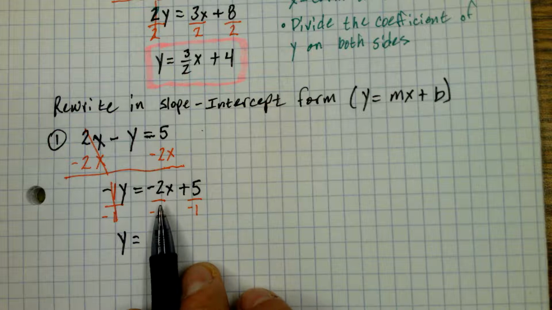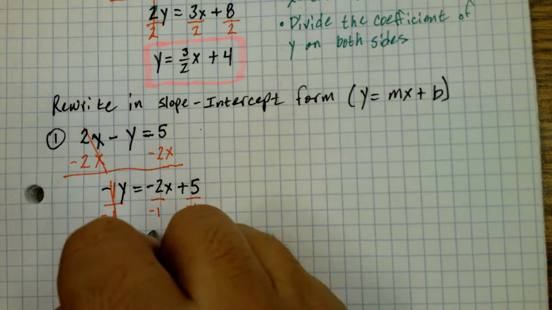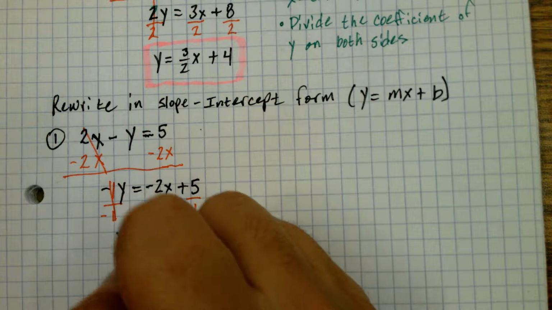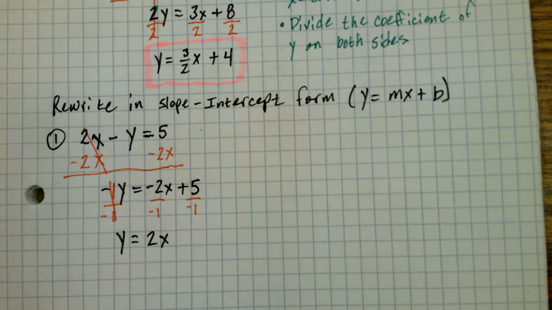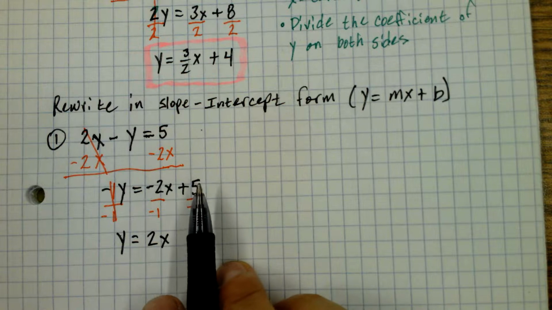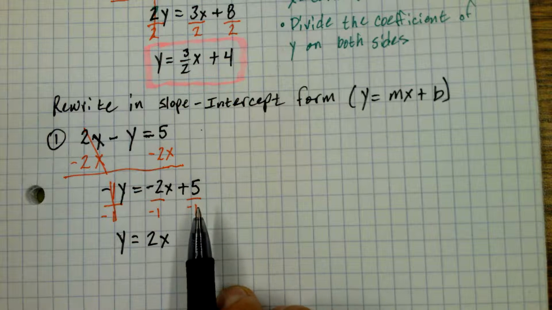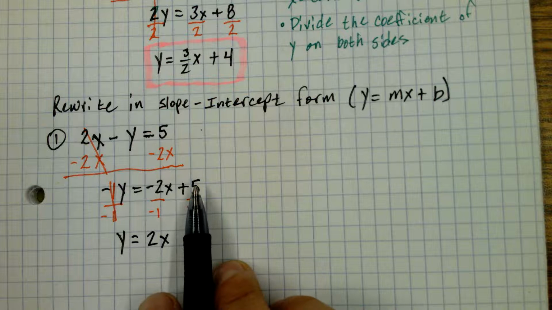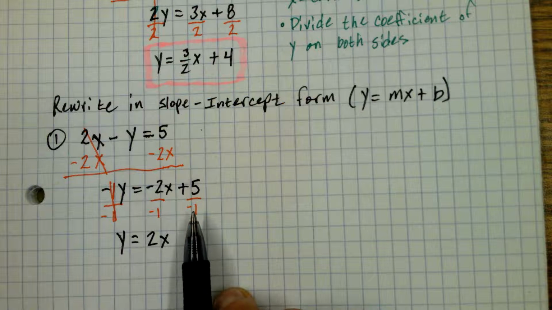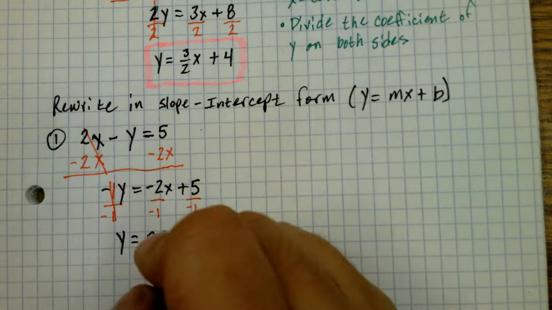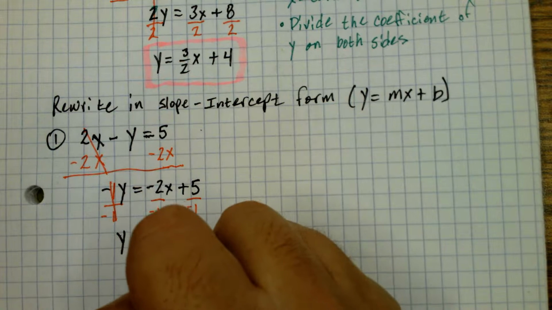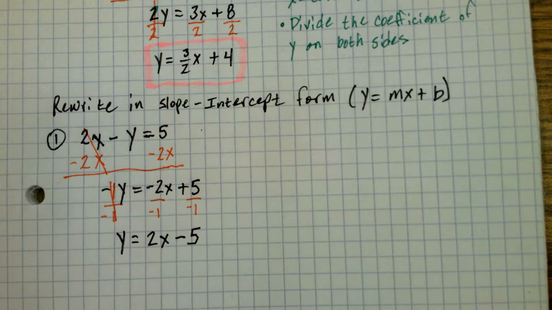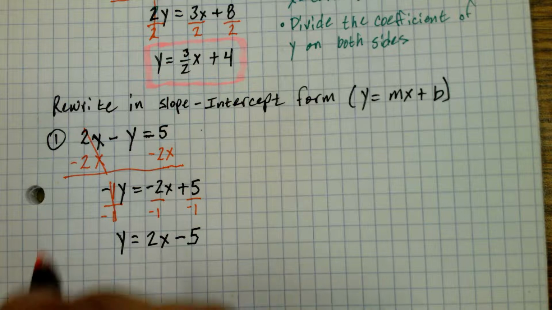How many negative 1s go into negative 2? 2. It's a negative divided by a negative, positive 2. Use that same logic here. It's a positive divided by a negative. What's 5 divided by negative 1? Negative 5. So it becomes minus 5. And there's our equation in slope-intercept form.